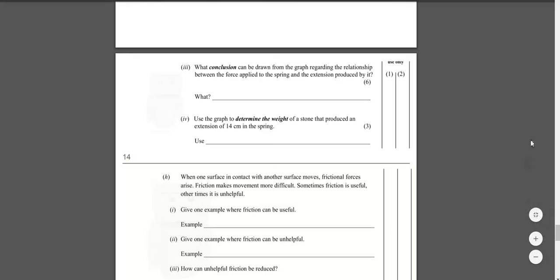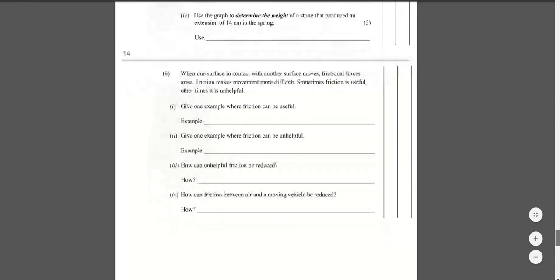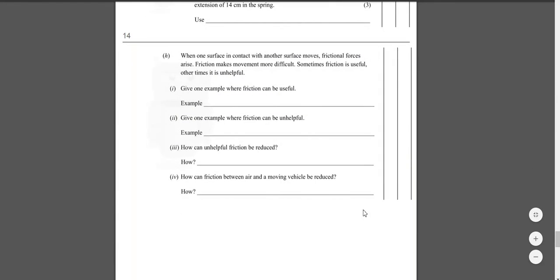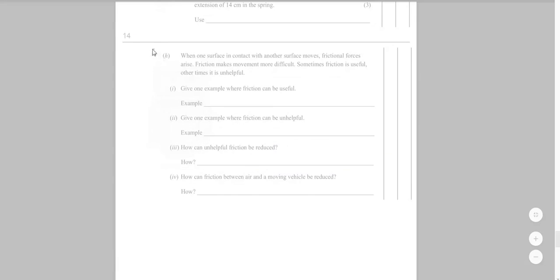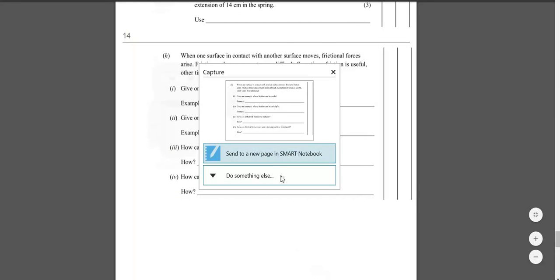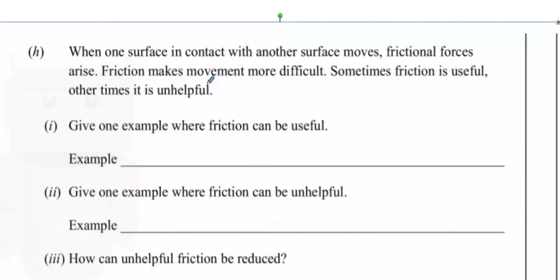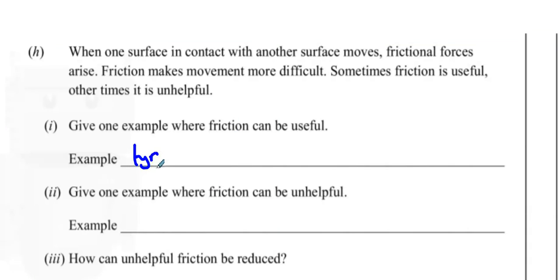Okay, next question. When surfaces make contact with another surface, friction forces arise. Friction makes movement more difficult. Sometimes friction is useful, other times it's unhelpful. Give one example of when friction can be useful. Okay, so friction can be useful for tires gripping the road.